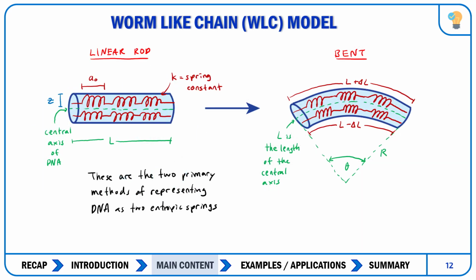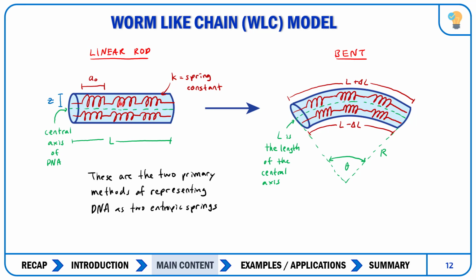We moved on to the worm-like chain model, or WLC model, and we drew two different diagrams: the linear segment of DNA, and the bent segment of DNA. The reason I'm bringing this up again is because we modeled this using entropic springs. The key word here is entropic, because the springs represent entropy in terms of energy stored.